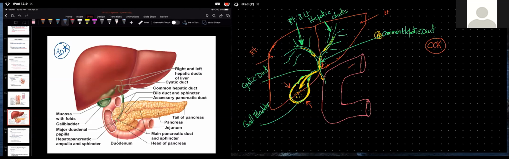So the gallbladder contracts and squeezes the bile, which has been concentrated, out through the cystic duct and then to the duct connecting both the cystic duct and the common hepatic duct together. This is my common bile duct.